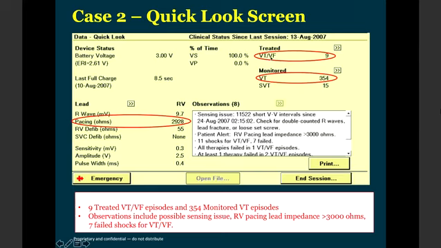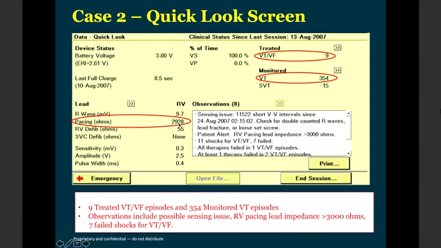This patient has been treated for VT or VF 9 times. This patient has been monitored for VT, not in the treatable range, but in the monitorable range because it is a slower VT. See the number of ventricular tachycardias this patient has had. 354 episodes have been monitored. So multiple ventricular arrhythmia burden this patient has. If you look at the lead parameters here, the pacing lead impedance is close to 3000.